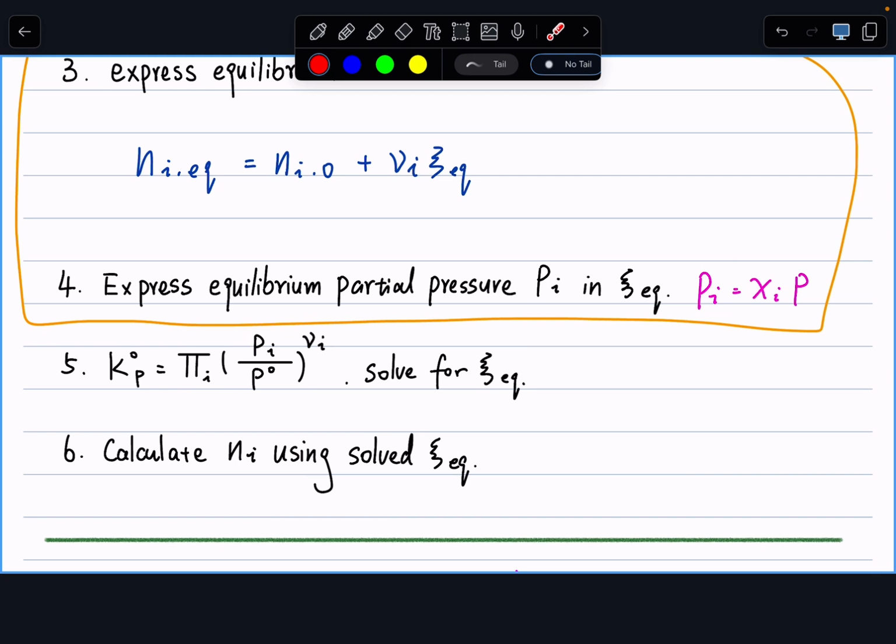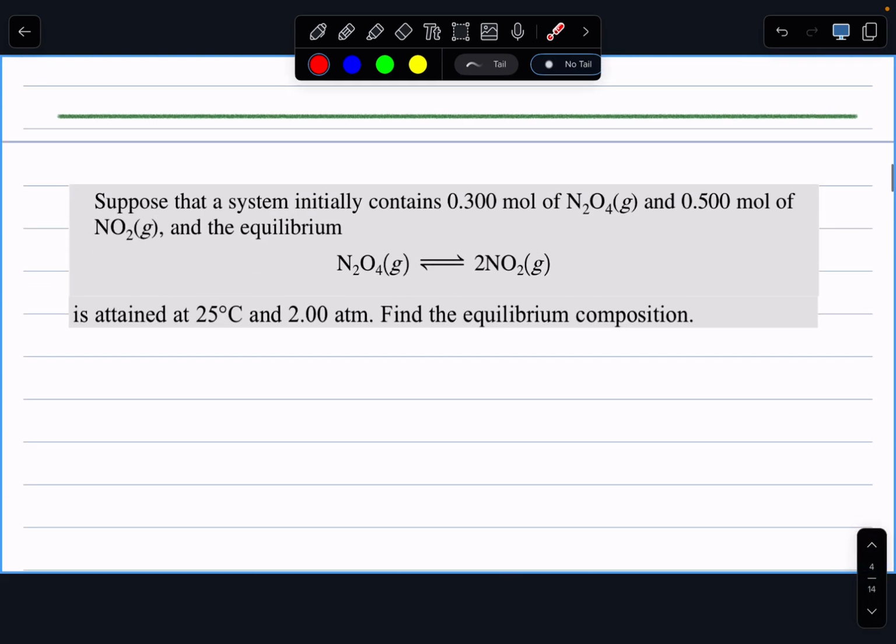We went over an example question together to solve for a numeric answer: given the initial number of moles of my reactant and product, and the reaction temperature, using the appendix table, we end up solving the number of moles of my reactant and product at equilibrium.